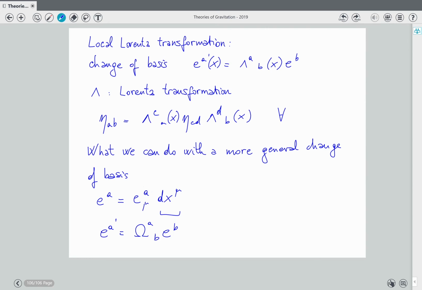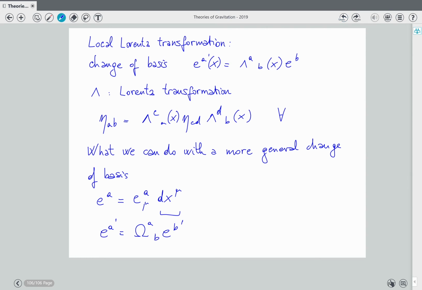And every formula we derived can be used now with this kind of omega to connect every formula we get in space-time indices with formulas we get in flat space indices.